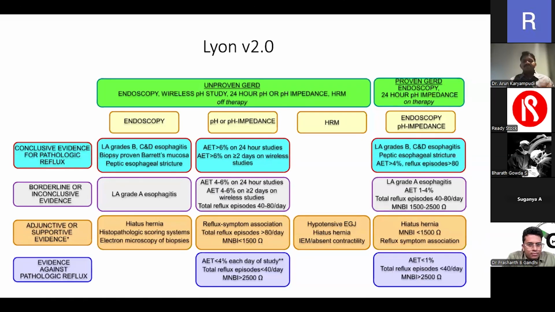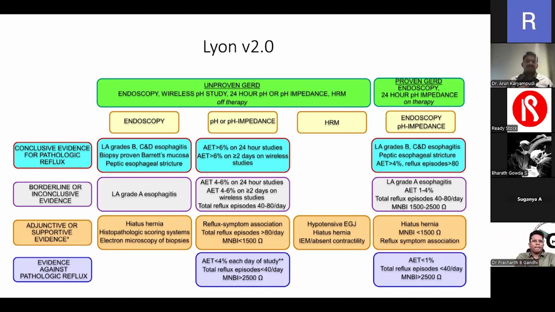The first cluster is unproven GERD, that is, you do not know whether the patient has GERD or not. So you need to diagnose GERD in this group of patients. On the other hand, you have patients with already proven GERD.